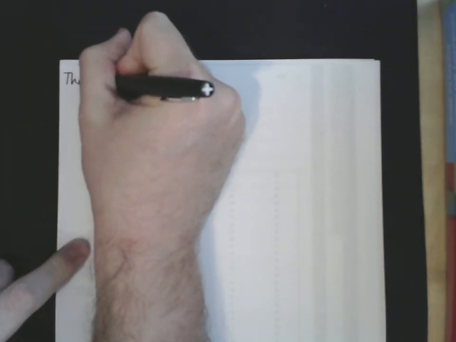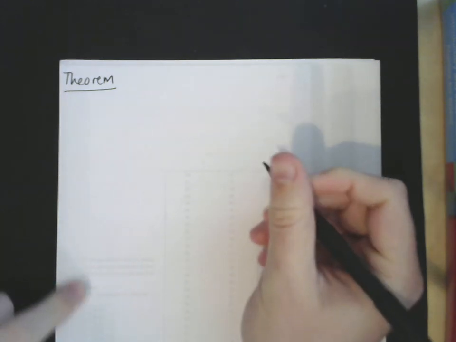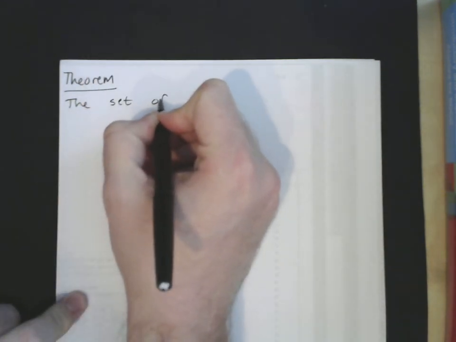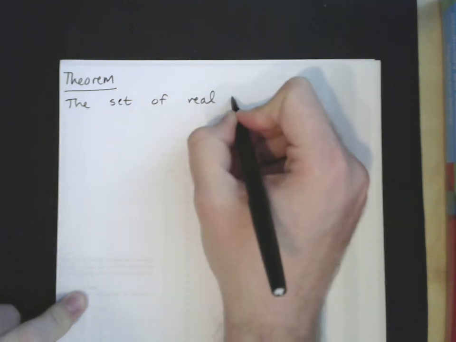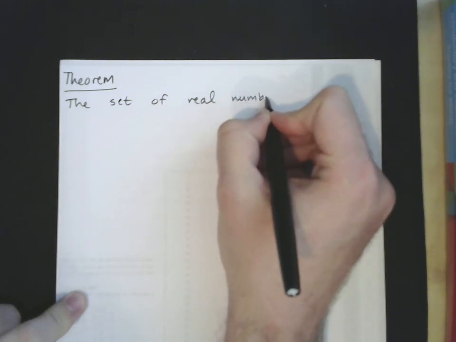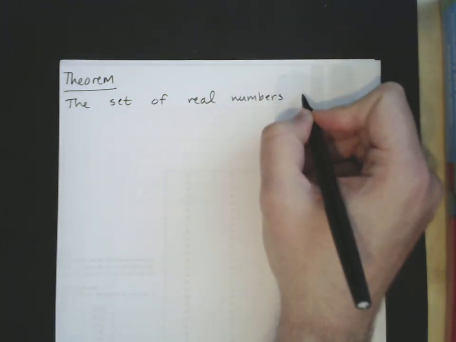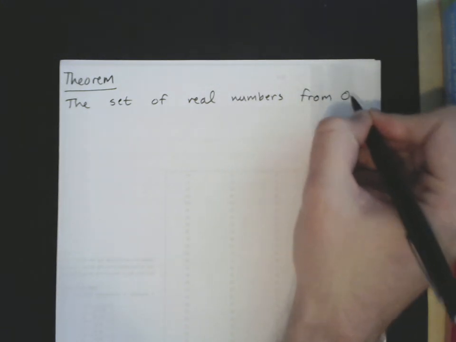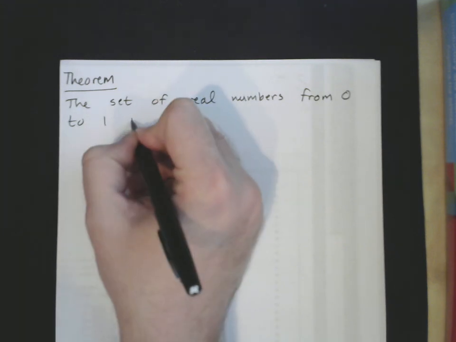So now we want to talk about some things that we can't count, because there's no bijection that maps properly. So the first is the set of real numbers from 0 to 1 is uncountable.